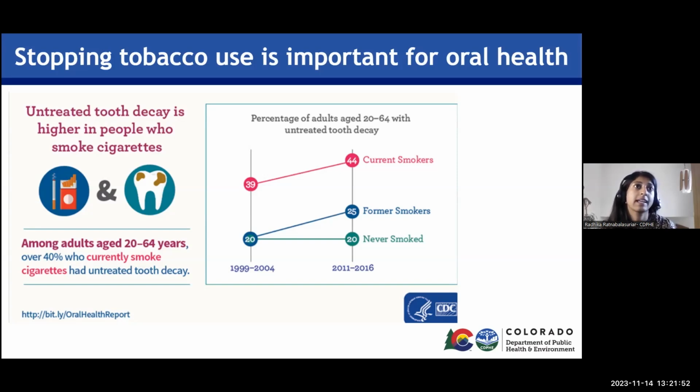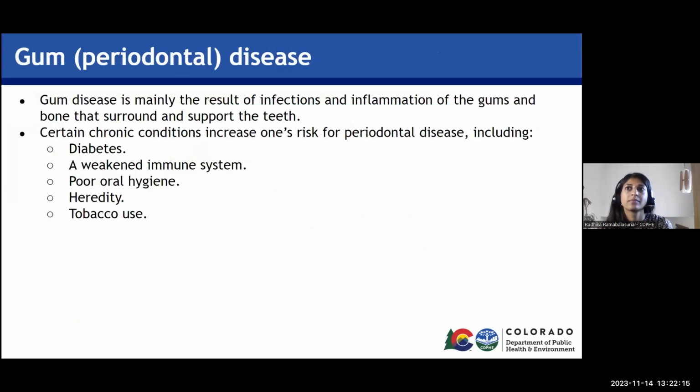Untreated tooth decay is higher in people who smoke cigarettes. And among adults aged 20 to 64 years, over 40% who currently smoke cigarettes have untreated tooth decay. So here you can see the difference in the chart between current smokers, former smokers, and never smoked, and their rates of untreated tooth decay. Next slide, please.